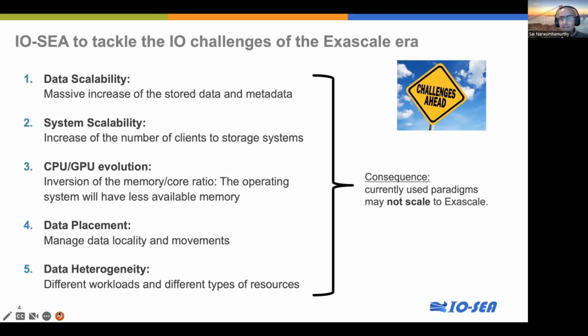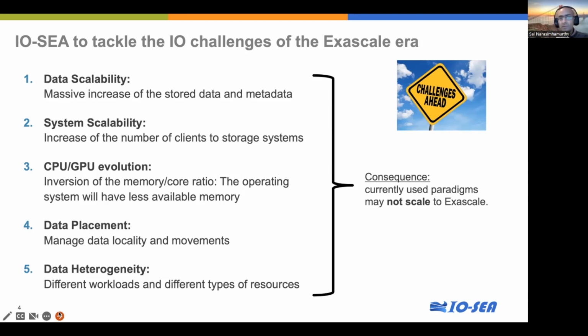So the current storage systems are not really designed for massive scale. If you look at the evolution of things like parallel file systems, they were designed in a different age, when the assumptions of these systems were very different.